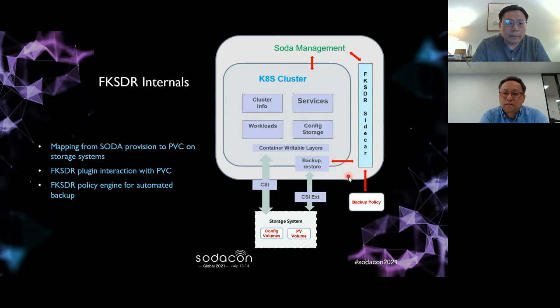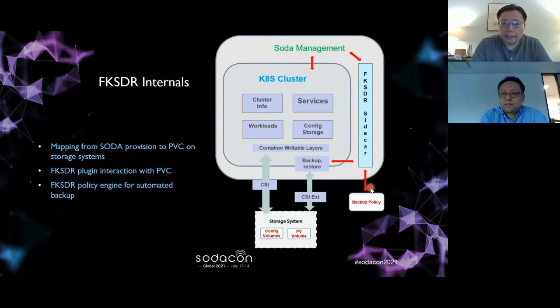So we need to map the SODA provision to PVC on the storage system, and we also need the FKSDR plugin to interact with the PVC. And we also need to have a policy engine for automation, for the automated backup, and everything can be managed from the single control panel offered by the SODA management components. So these interactions are the most important implementation to achieve our target.